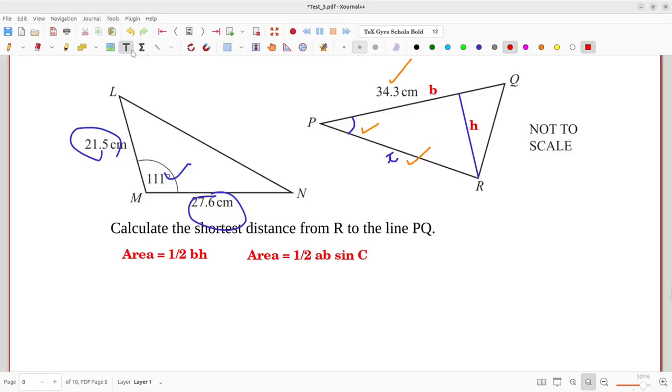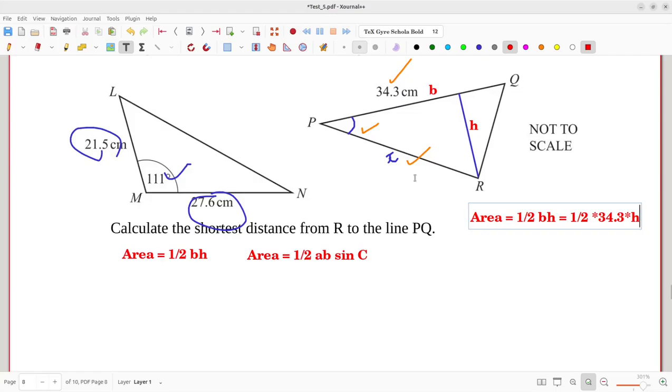From that, I know area is equal to half base times perpendicular height. Half. What's the base? The base is 34.3. And then times the height, which I'll label h there. But then the h is what I don't really know.